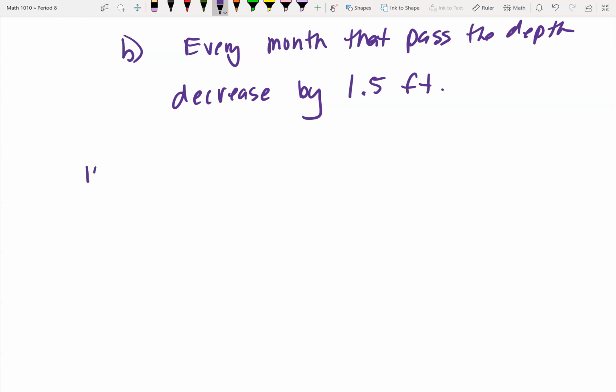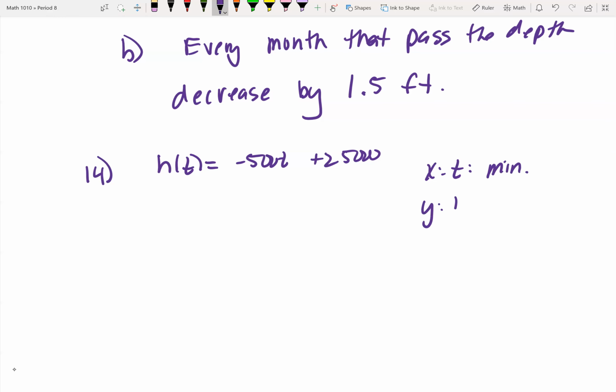Number 14. So here's the equation they give you. If you read it, the x is the t, which stands for time in minutes, and the y is your h of t, which stands for the height. So this is the height of an airplane. So find the height h of 20.